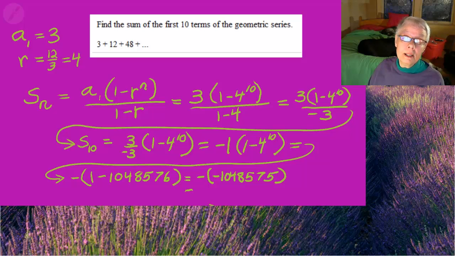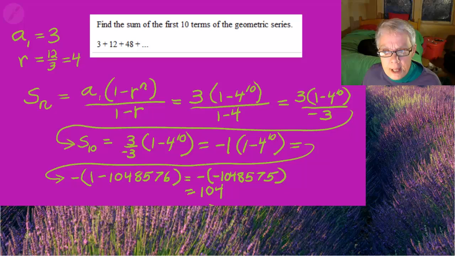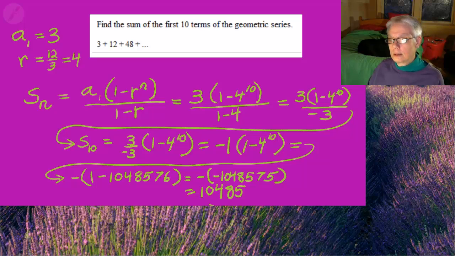And of course, negative times negative is positive, so now we know the sum. The sum is going to be positive 1,048,575.